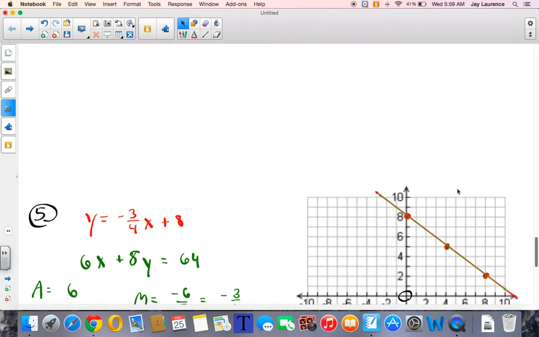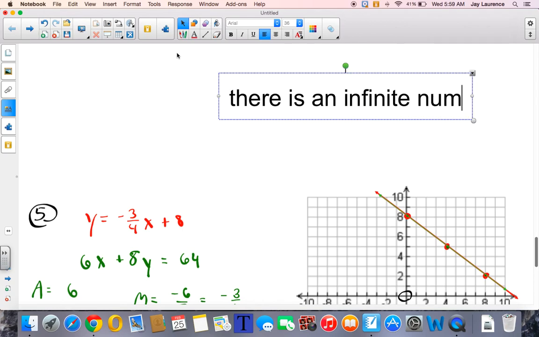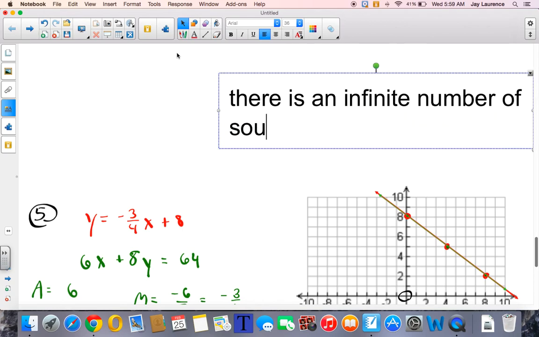And then you can see that they're actually touching everywhere. Okay, every single point on either line is a point on the other line, and therefore there's an infinite number of solutions to this system, number 5, okay?